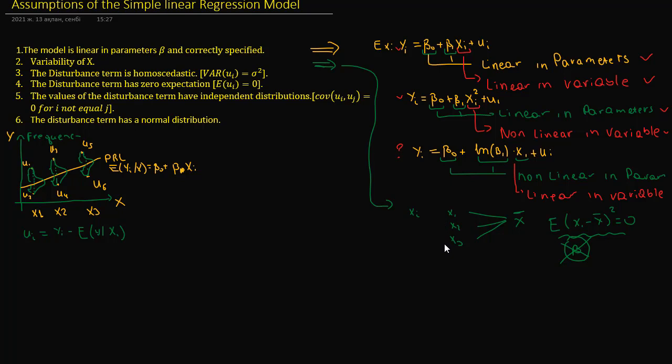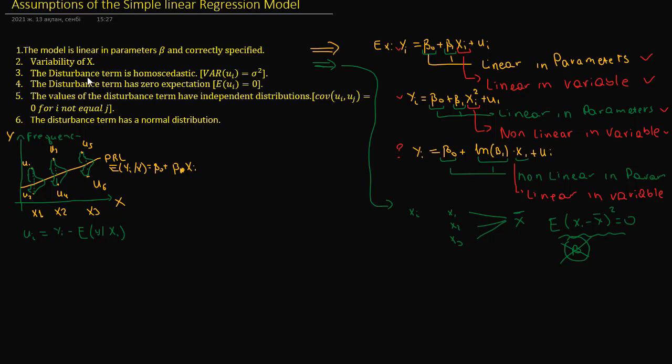When I calculate the variance, it becomes zero. In this case I cannot estimate my beta. So we should make the assumption that there should be variability of the x.